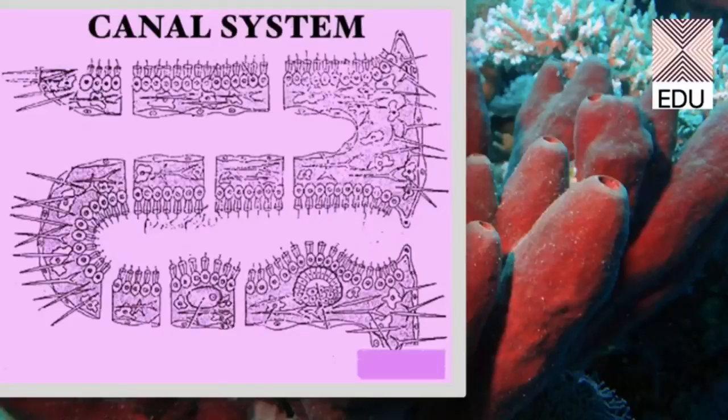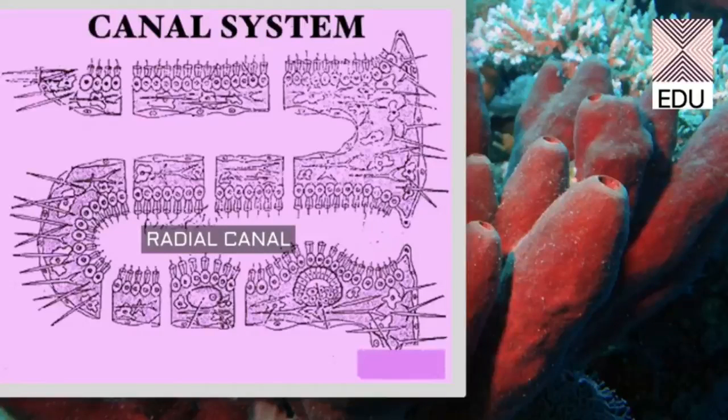So these are the small channels which are present on both the sides. These are called as prosopyles. So water from incurrent canal goes to prosopyles. So these prosopyles open into the adjacent canal which is called as the radial canal.